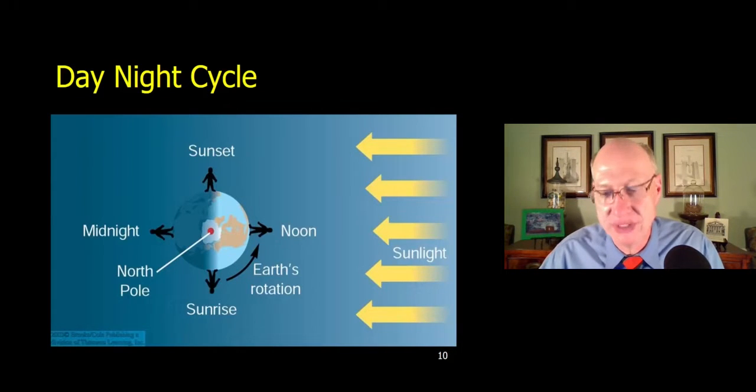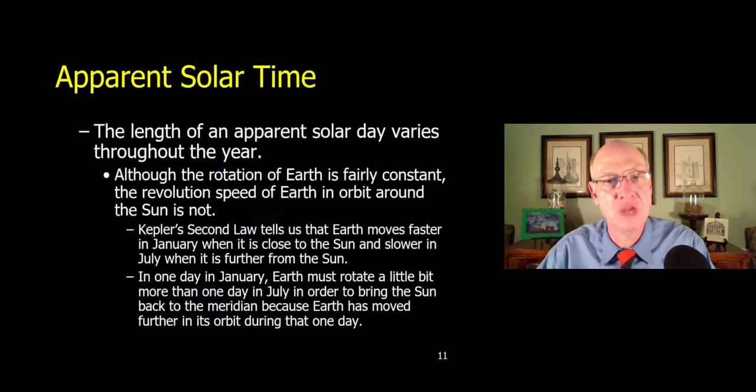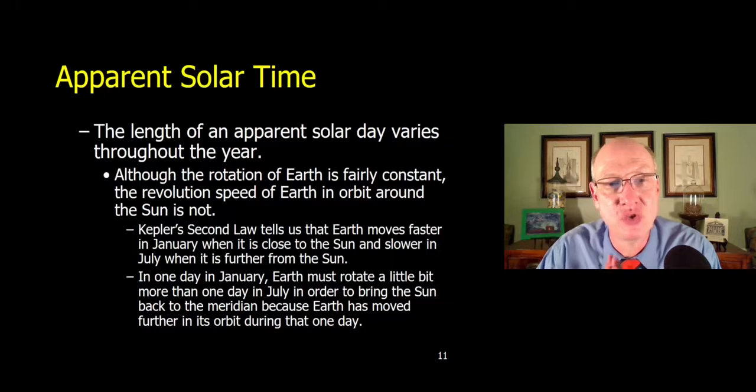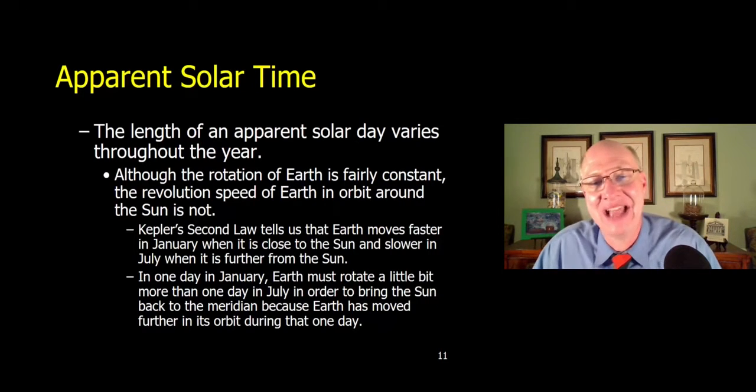So apparent solar time is time with respect to the real sun up there in the sky. All right, so there's a problem with apparent solar time, and that's that apparent solar time varies throughout the year. The length of a day varies throughout the year. And this is because the Earth's speed as it orbits the sun is not exactly constant.